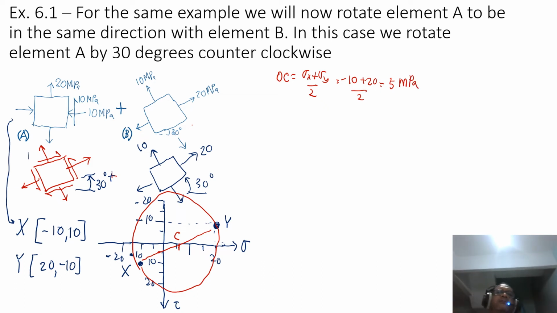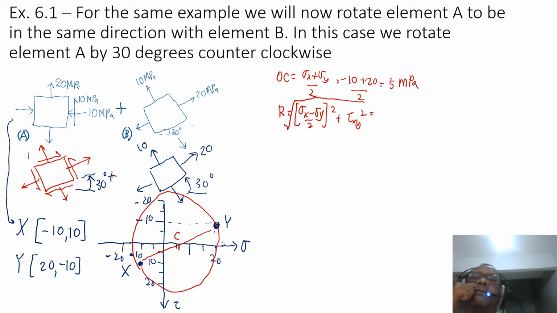And then we have the radius. The radius of the circle is given by the square root of ((sigma x minus sigma y) over 2) squared plus tau squared. Sigma x minus sigma y is minus 10 minus 20, over 2, squared, plus tau, and our tau is given by 10.